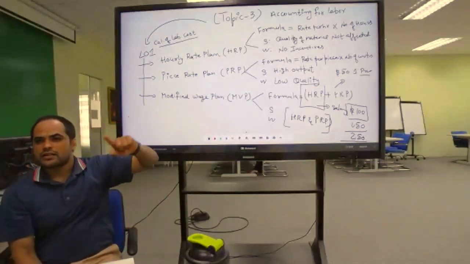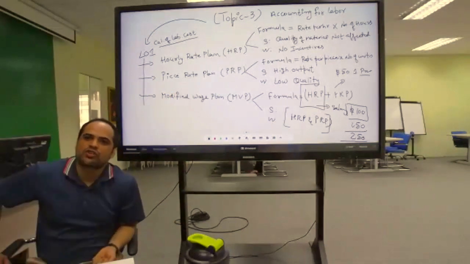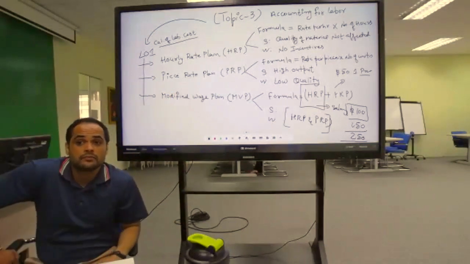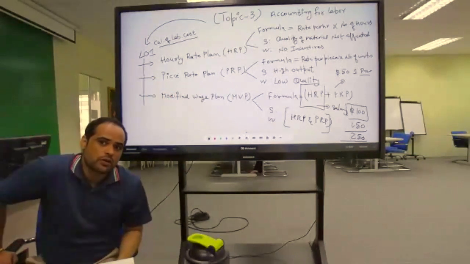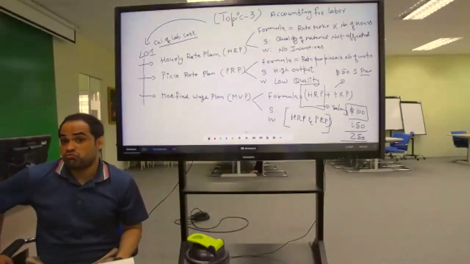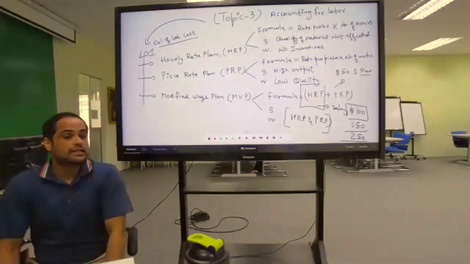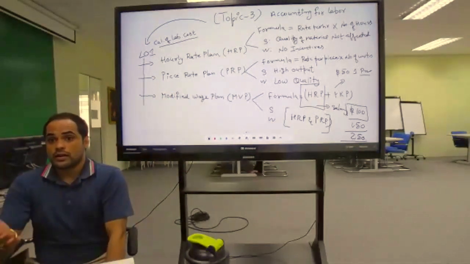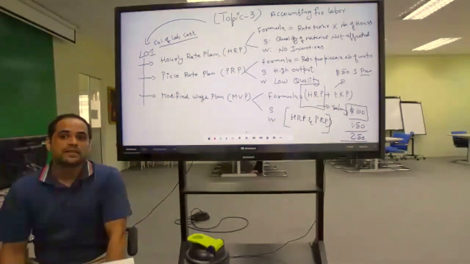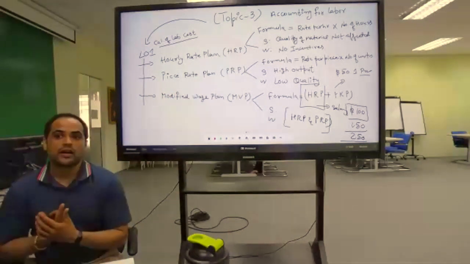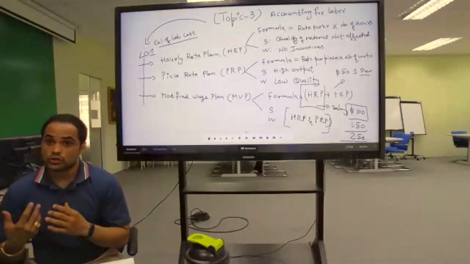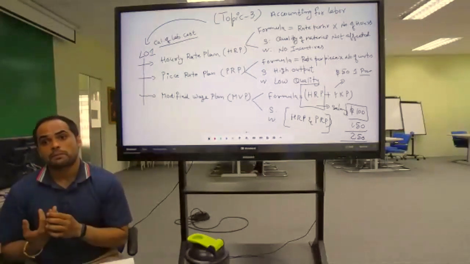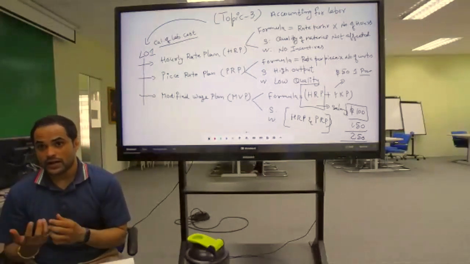Piece rate plan: some kinds of manufacturing companies pay workers by piece rate plan. For example, laptop companies or TV manufacturing companies pay workers depending on how many products they can produce. So they apply the piece rate plan method, right?